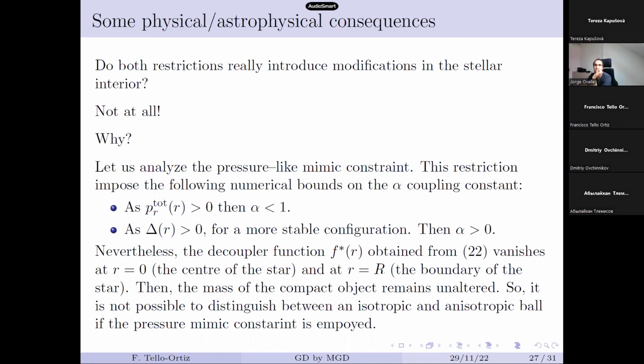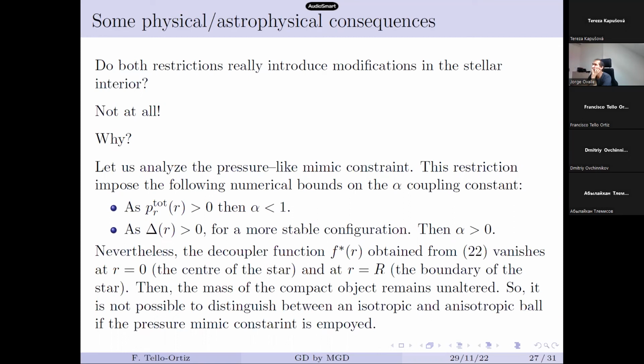Let us analyze the pressure-like mimic constraint. For the density, the situation is almost obvious, but for the pressure, it is not. When you are employing the mimic constraint approach for the pressure, in this case, the total pressure should be 1 minus alpha times the original pressure, or the seed pressure, the isotropic pressure.